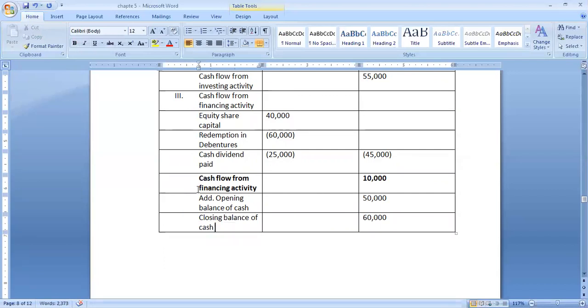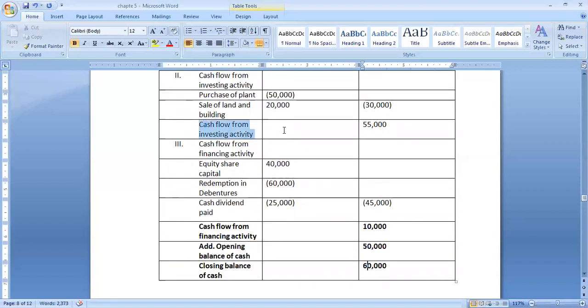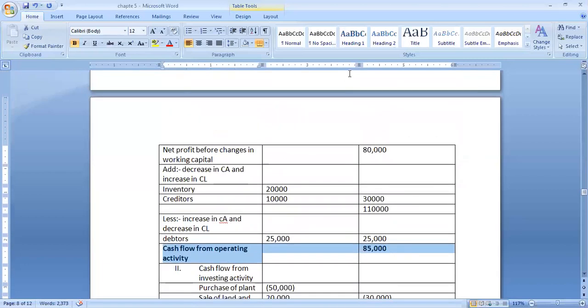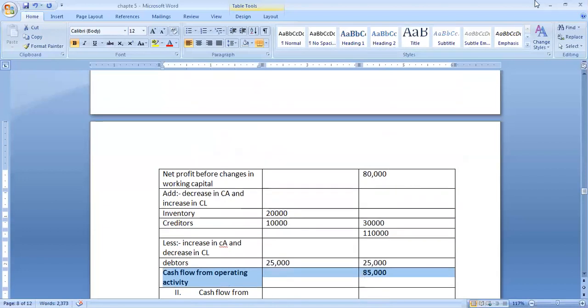So very much important. So financing activity you got. This is the investing activity, and this is also an operating activity. So this is with regard to the fourth question, which has been sent.